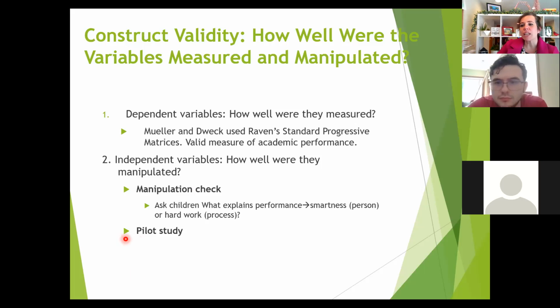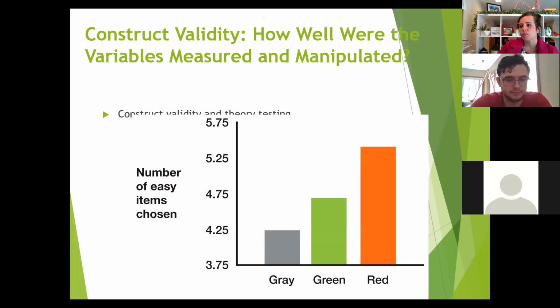Oftentimes the results of a pilot study will be provided as IRB support once you run your actual experiment. And if you read a peer-reviewed journal article, sometimes they'll even report the results of their pilot study. It's like a trial run.